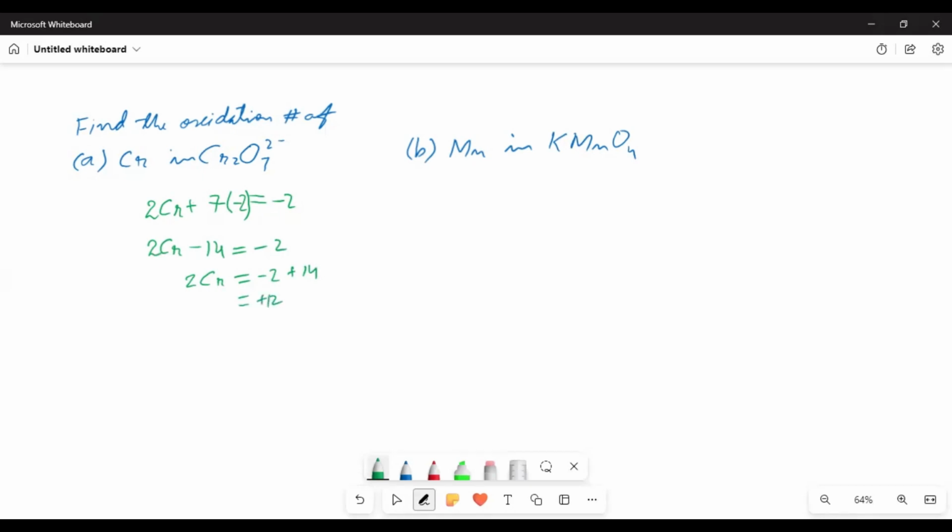But this +12 is for 2x or 2Cr, so the 2 comes in the denominator on the other side, so the oxidation state of chromium is +6.